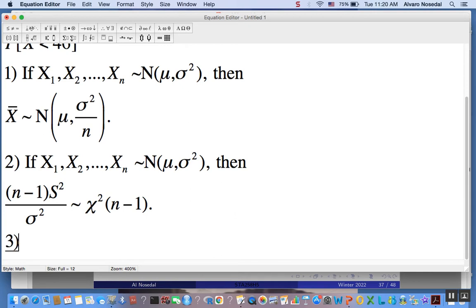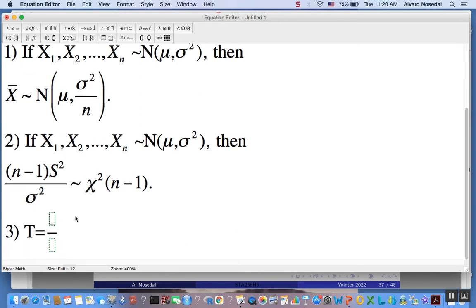Now, the other thing that you have to remember is the definition of a T distribution. A T distribution is the ratio between a normal 0, 1 and the square root of a chi-square divided by its degrees of freedom.